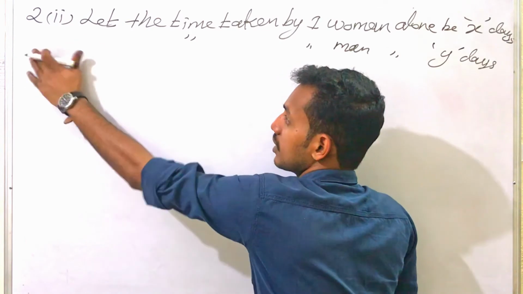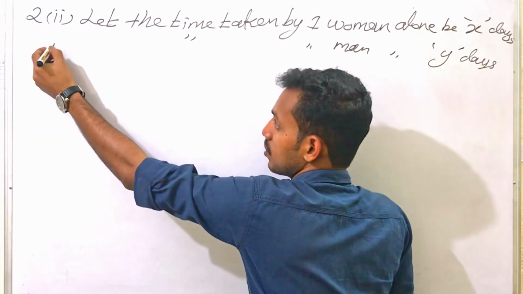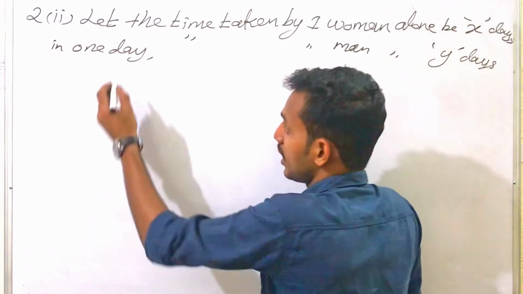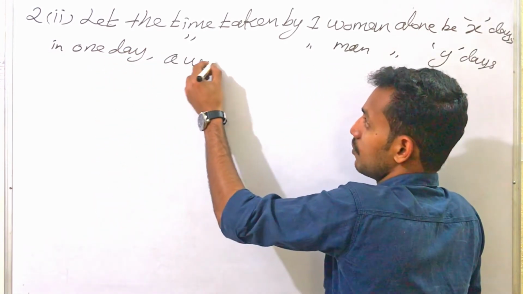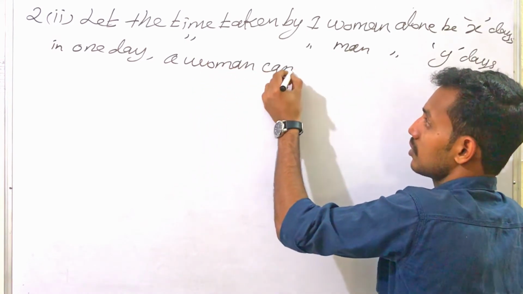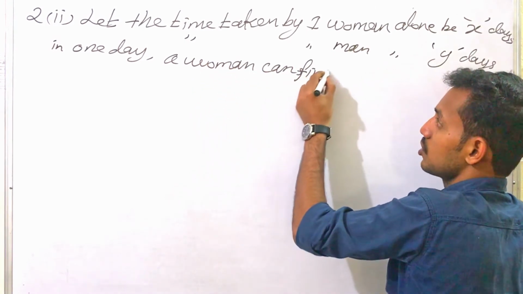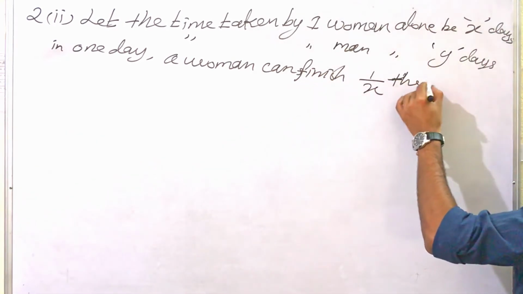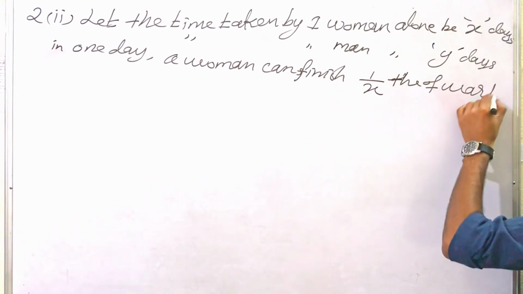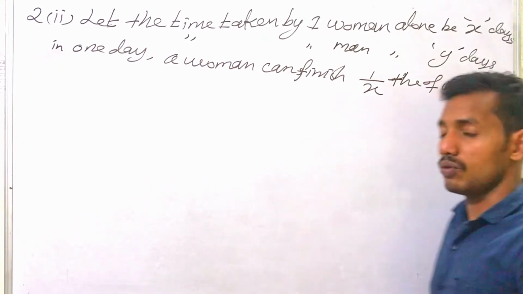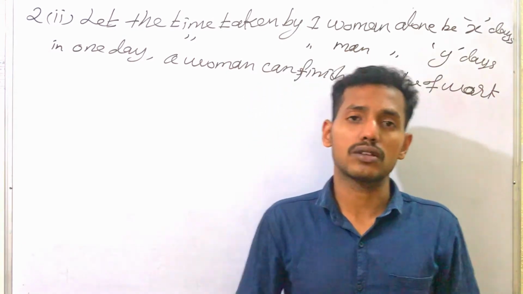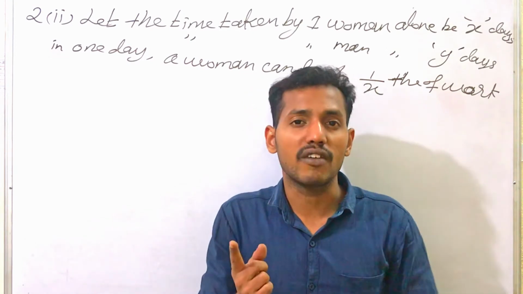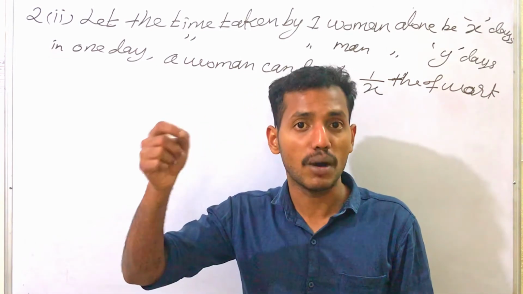Here we need to calculate how much they can complete in 1 day. So in 1 day, a woman can finish 1 by x of the work. Why is it 1 by x? Suppose we need 2 days to complete a work, then in 1 day we can complete half of the work, that means 1 by 2.